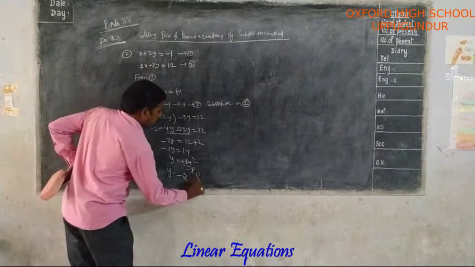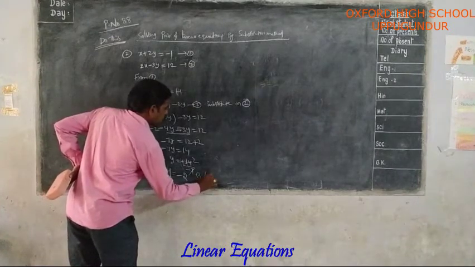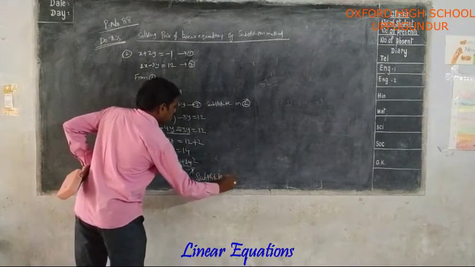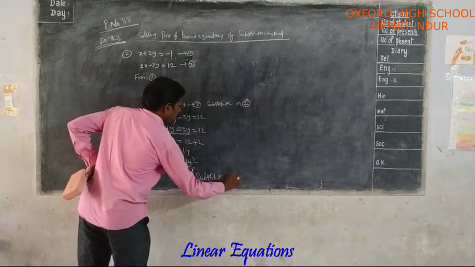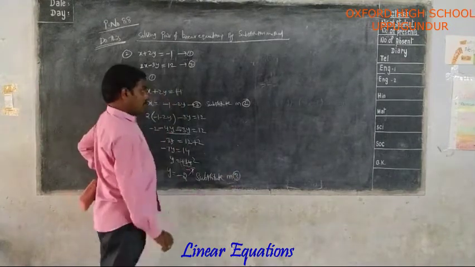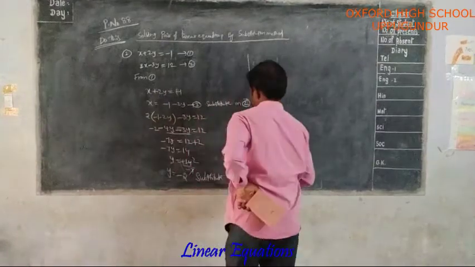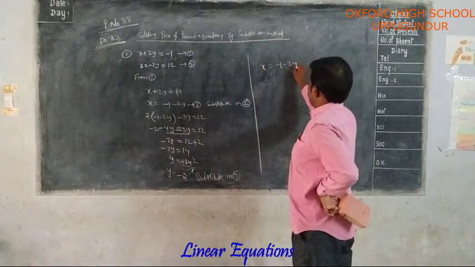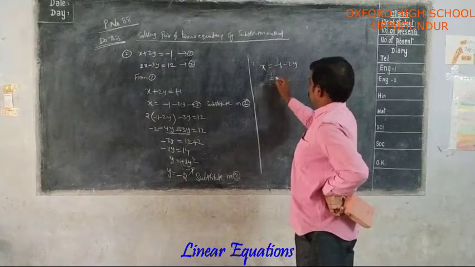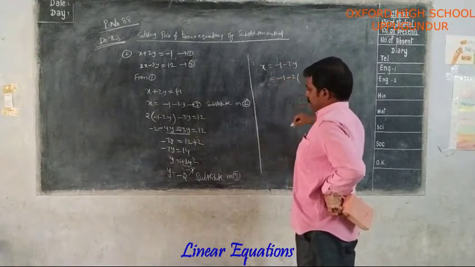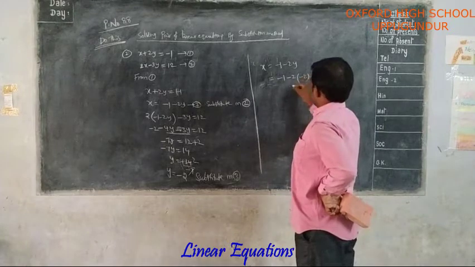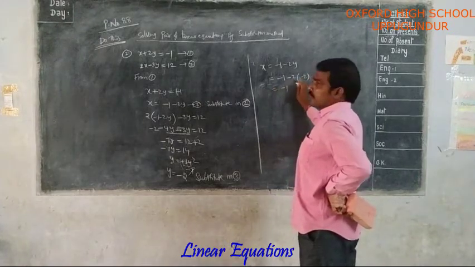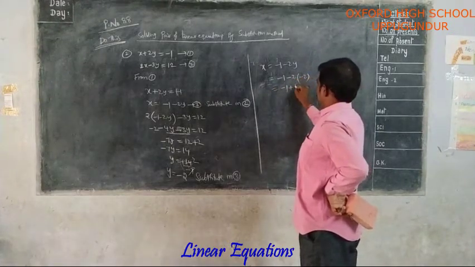So substitute this value in equation 3. What is equation 3? x equal to minus 1 minus 2y, which is equal to minus 1 minus 2 into y value minus 2. Minus 1, minus of minus is plus, 2 fours are 4.